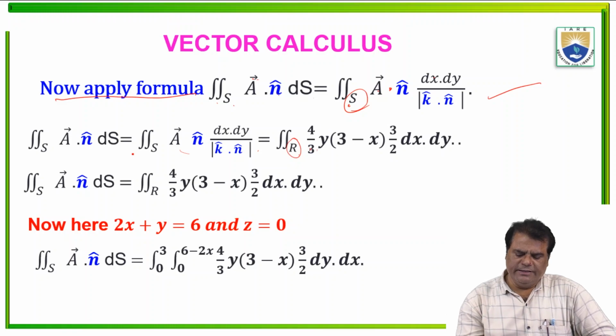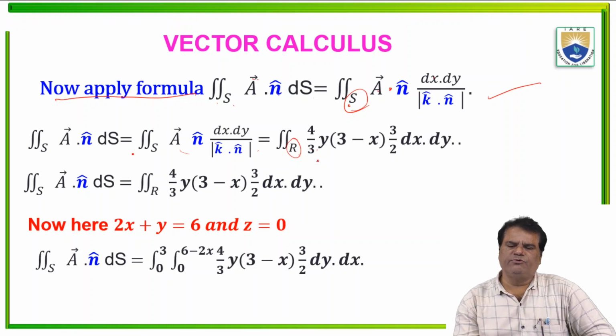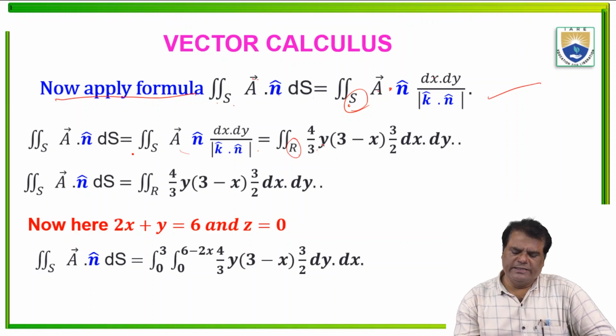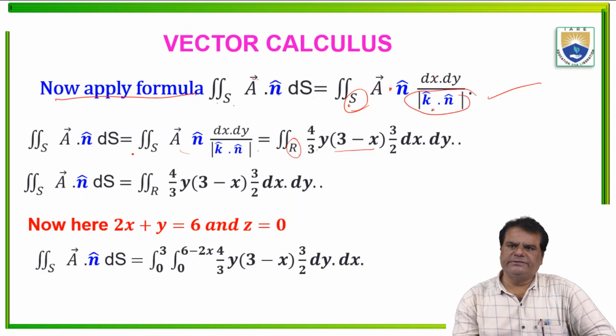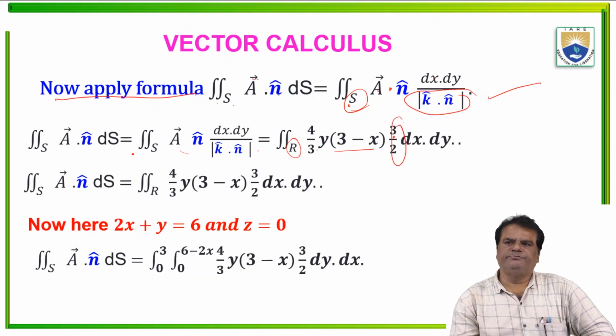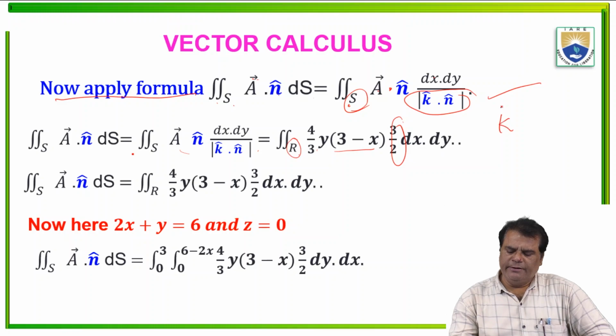So 4 by 3, resulting from equation 7, 4 by 3 y into 3 minus x, and this is dx dy. Here k dot n is given as 2 by 3.